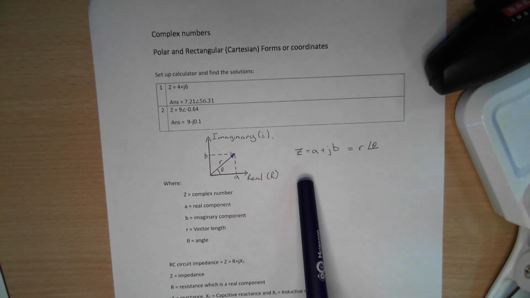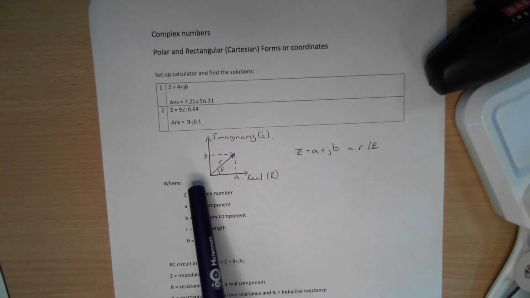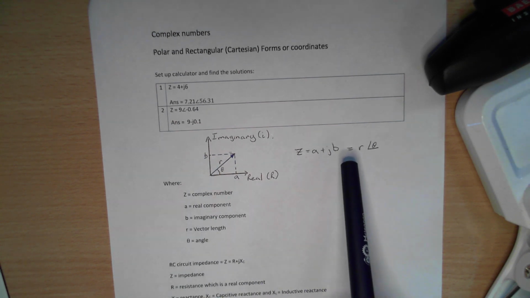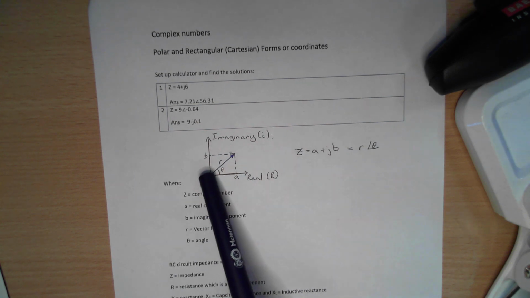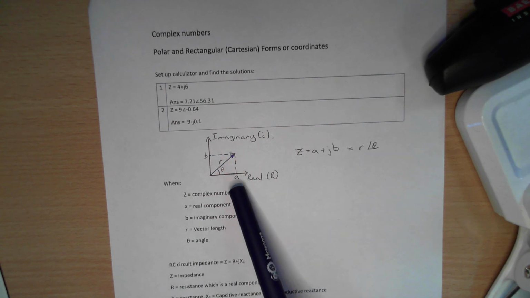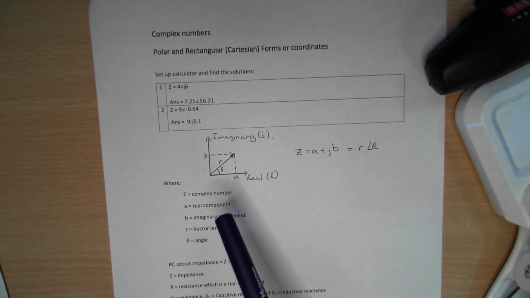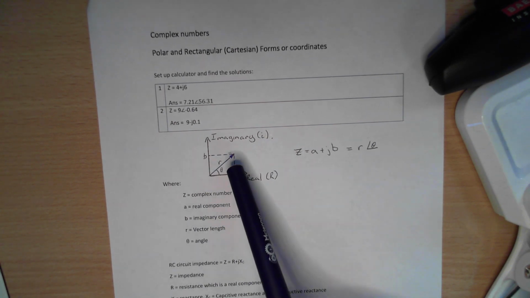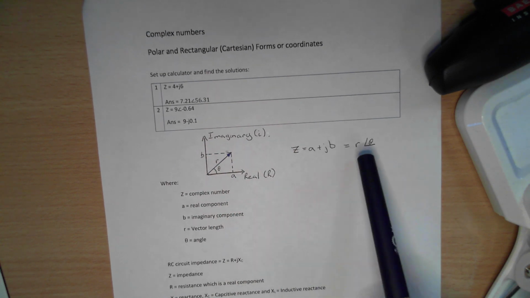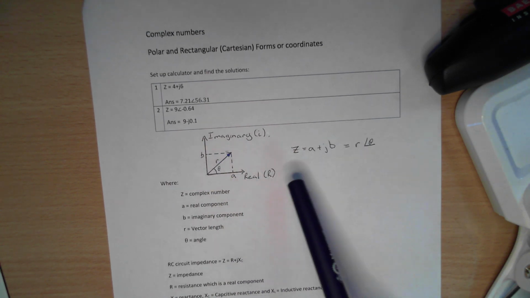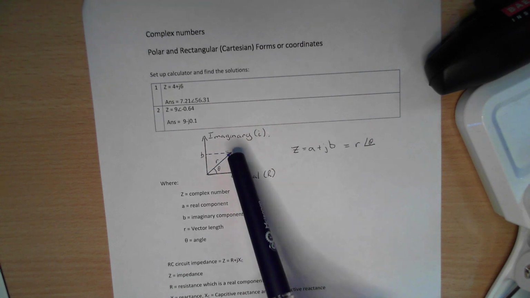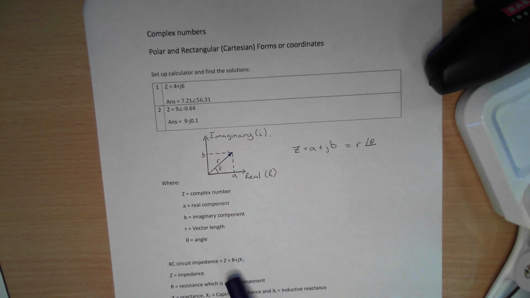So our Z equals a plus jb, or we can get there by using r, which is a vector, and a vector is a line that has a magnitude and a direction, normally has a little arrow on the end, and the angle of that. So it's 2 ways of getting to the same coordinate.